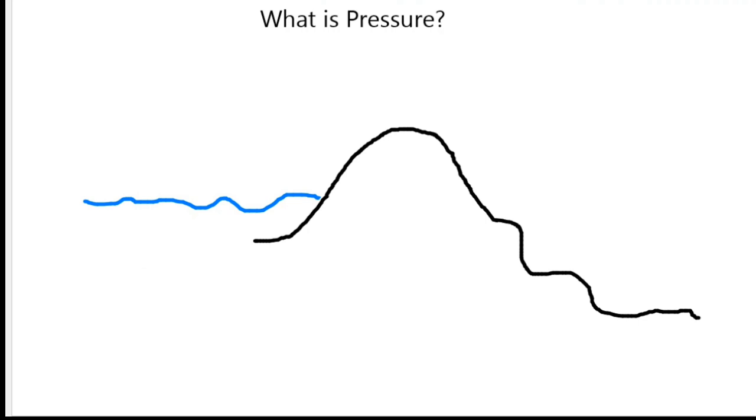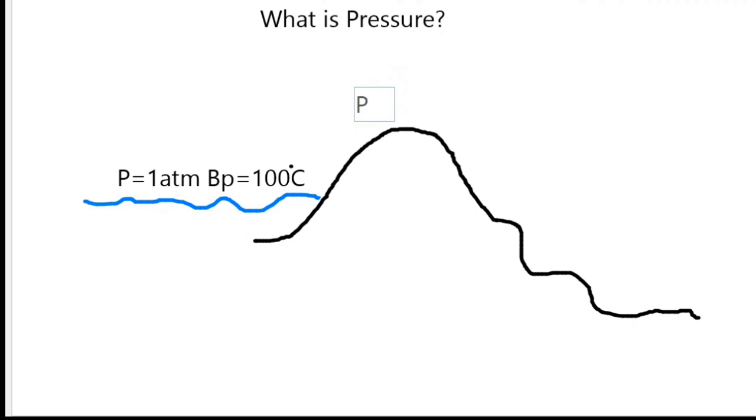So let's keep getting the idea of what is pressure. The standard pressure at sea level is 1 atmospheric pressure. ATM is just the acronym for atmospheric pressure. The boiling point here is going to be 100 degrees Celsius.